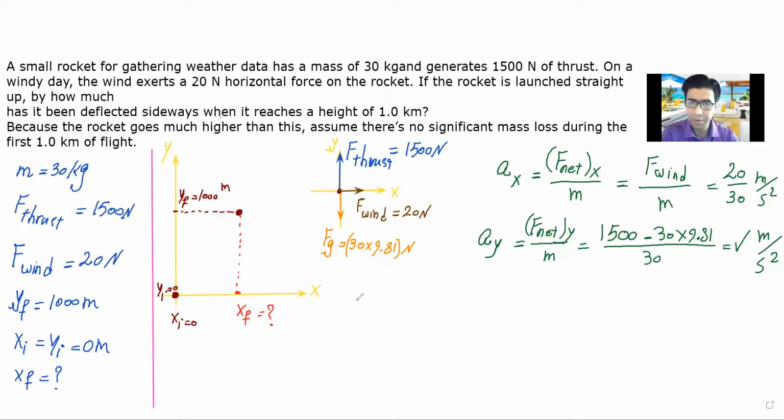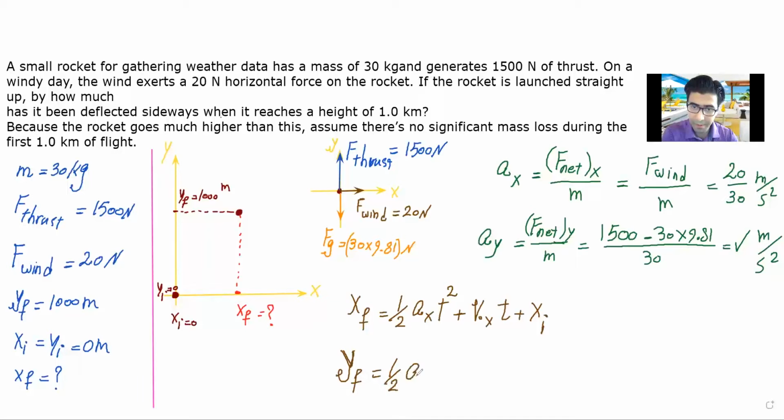So we are going to write down x final equals 1/2 ax t squared plus v initial x t plus x initial. Also, y final equals 1/2 ay t squared plus v initial y t plus y initial.